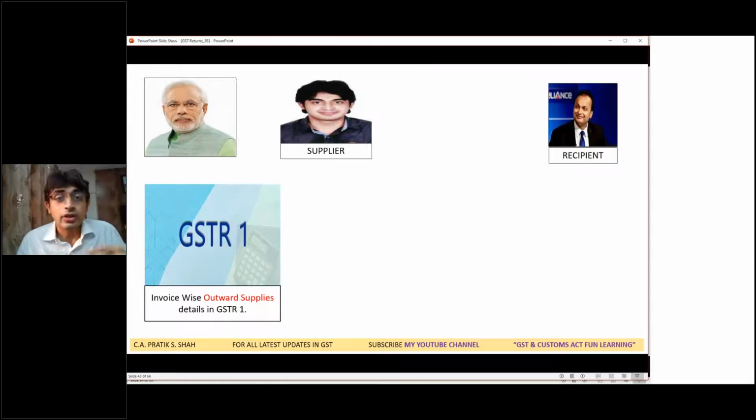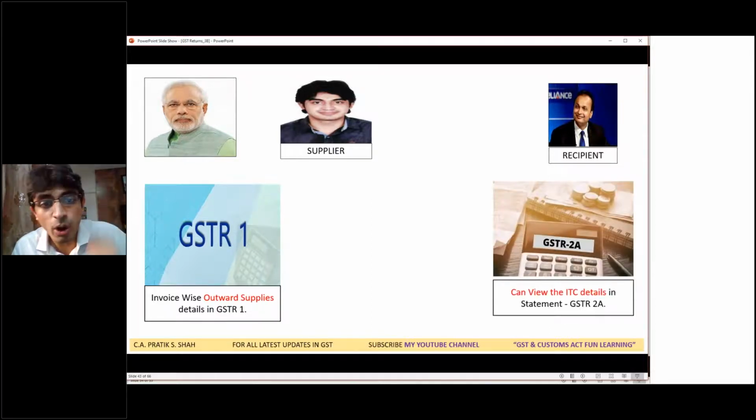Through my GSTR1, the invoice details will be auto-populated in the recipient's GSTR2A. There he can check whether the supplier has paid GST or not. I will give you an example also.